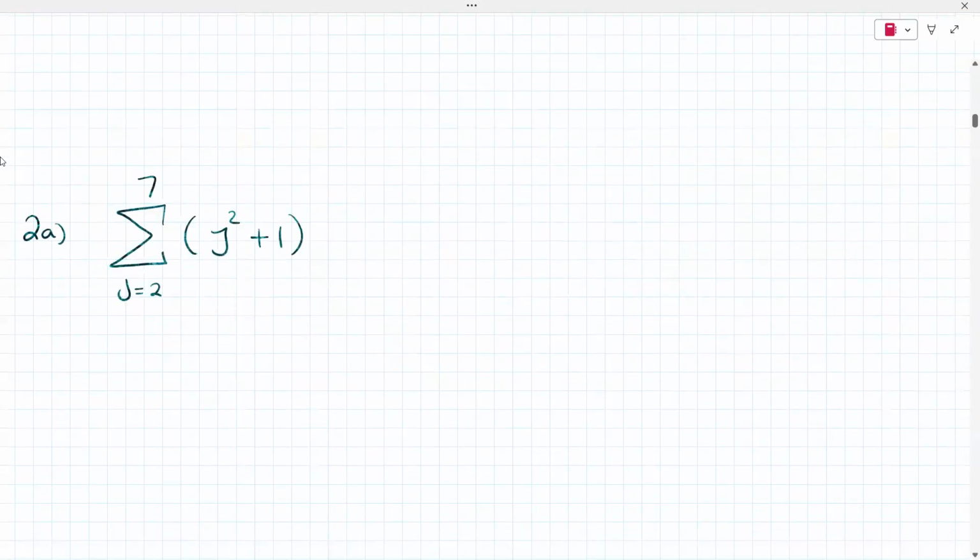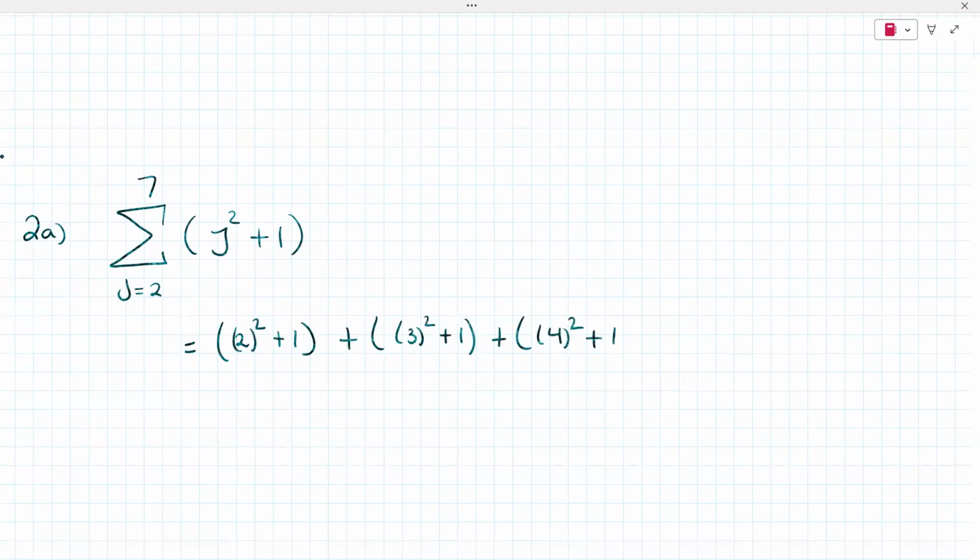Okay, what about 2a? Here's our nth formula, j squared plus 1. We start from the second term and then we stop at the seventh term. So it's going to be written as 2 squared plus 1, that would be your first term, plus the second term, 3 squared plus 1, plus 4 squared plus 1, until you get to the 7.